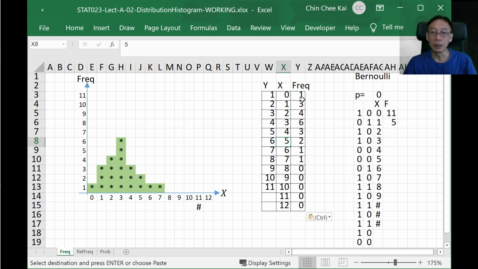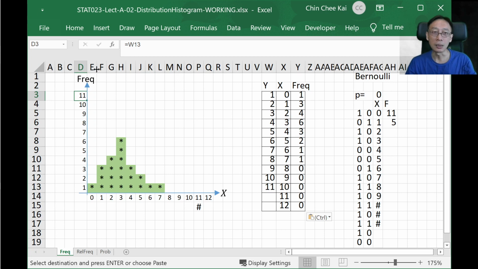The frequency here should, of course, be standardized, divided by the total count in order to arrive at fractional frequencies. But for simplicity, I simply show the frequency. But again, you should remember that the shape wouldn't change if I rescale the y-axis. It would just be a bit taller, fatter, or skinnier, but it will not change the shape.